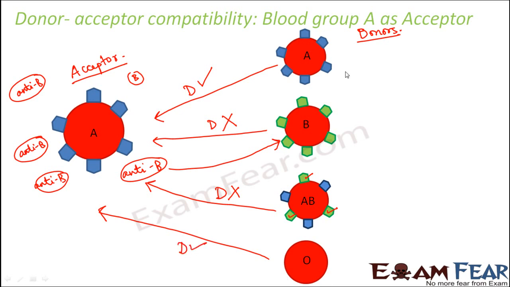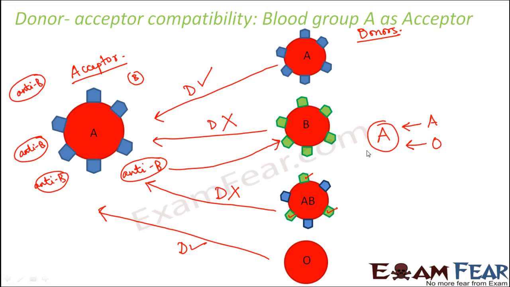So who can be a donor for blood group A? A and O. So A and O can donate to somebody with blood group A. Are you able to understand the concept of how the antigen-antibody interaction tells you which blood groups are compatible and which are not compatible?